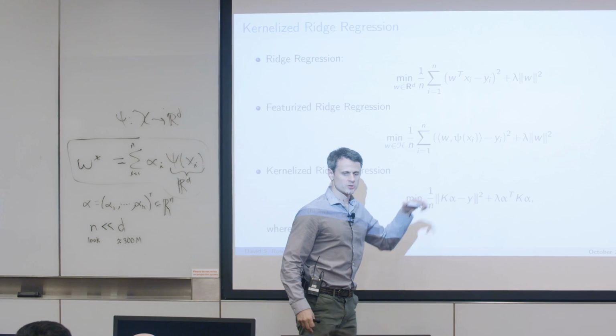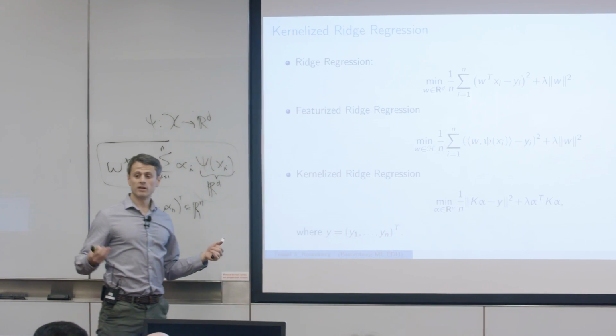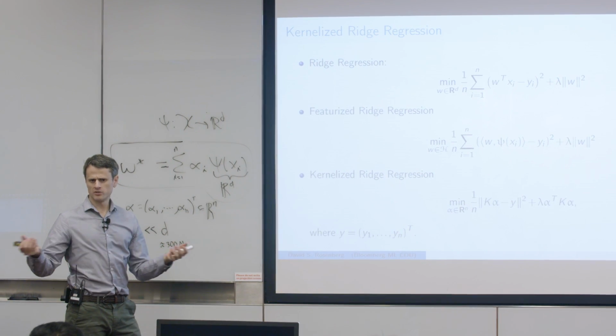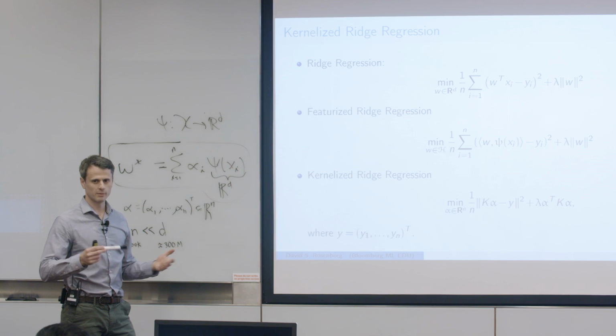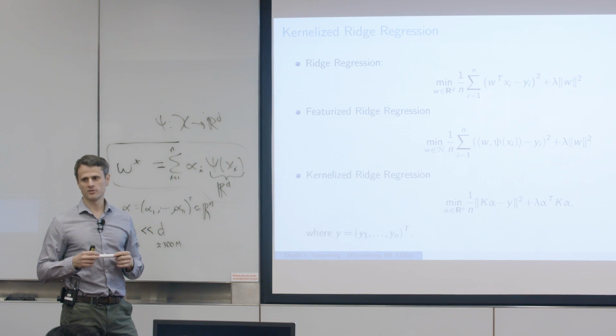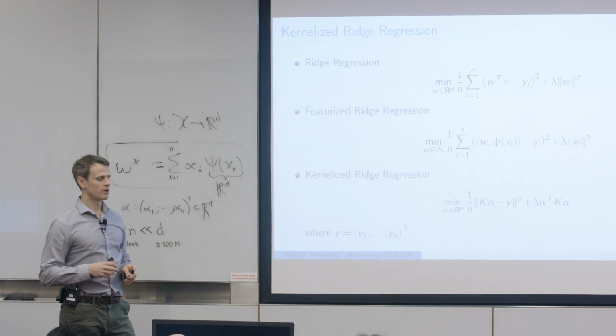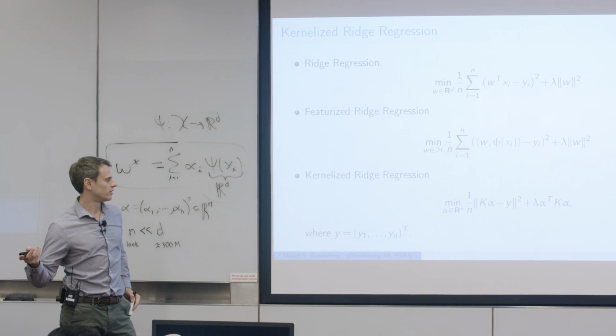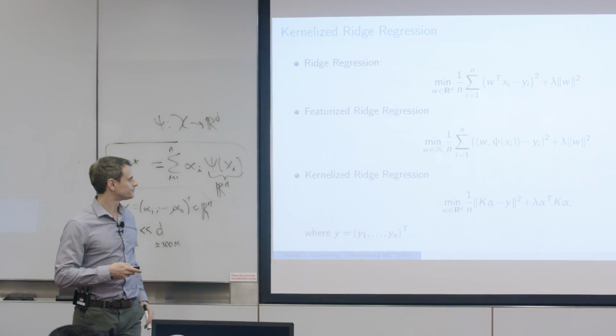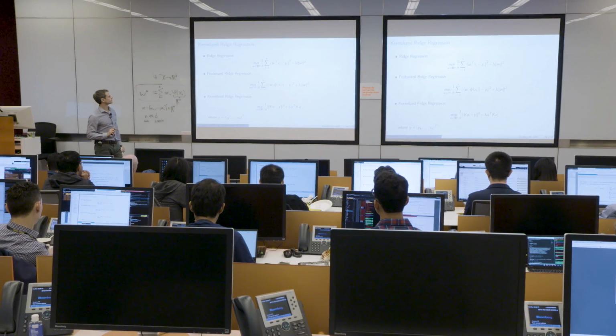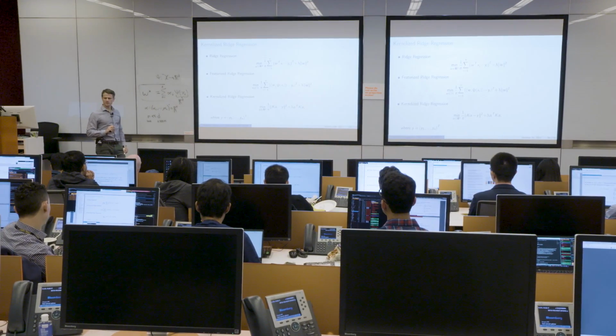As far as our methods, it's differentiable, so we can use gradient descent or stochastic gradient descent, for example. This also has a closed form solution, using the exact same type of matrix algebra that we used for finding the closed form solution for ridge regression. Any questions on this?